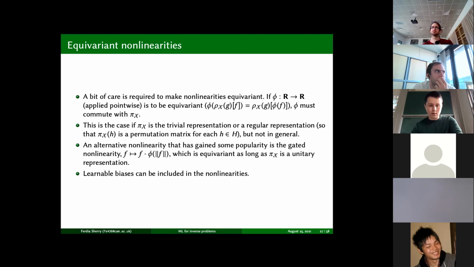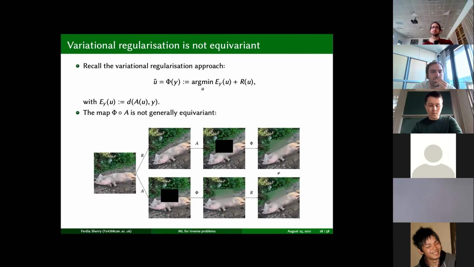So now the question is, there's this existing machinery of equivariant neural networks, and we're trying to solve inverse problems. We come at it from the variational regularization approach. But there's the question, what does it mean for it to be equivariant?